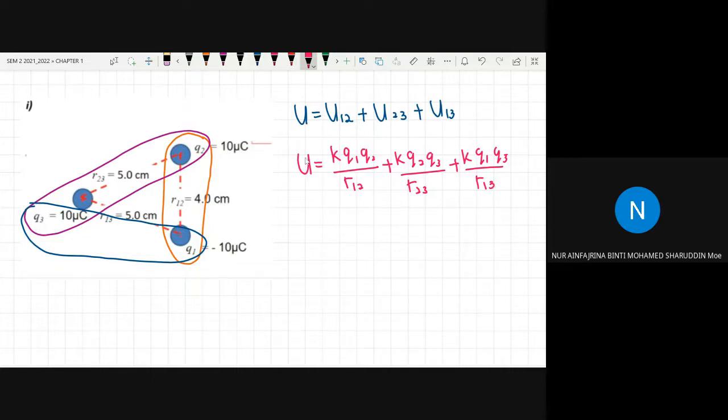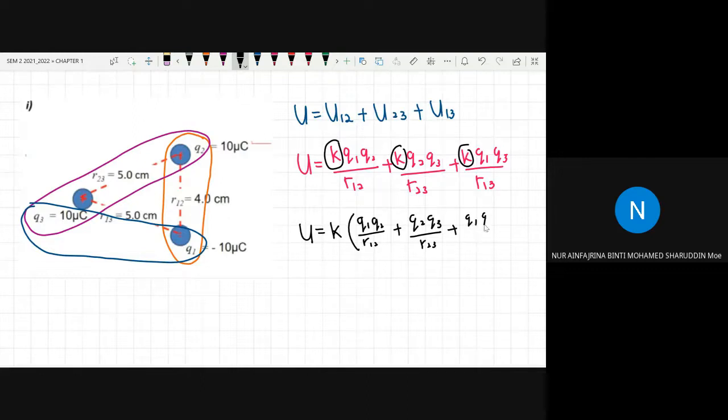Okay, so now what we can do now, we can see that each term has K. Okay, setiap term ini akan ada K. So bila ada term yang sama, Miss boleh factorize out. So when I factorize out, I will get this one. Okay, so Miss akan factorize K out.